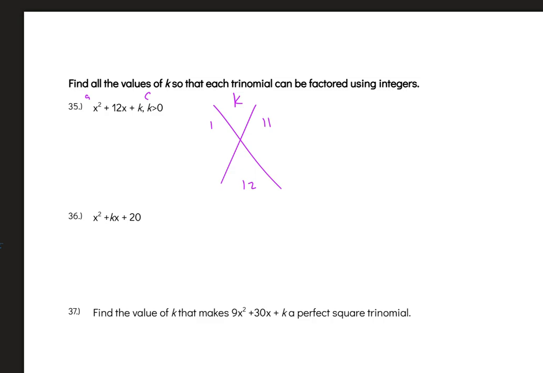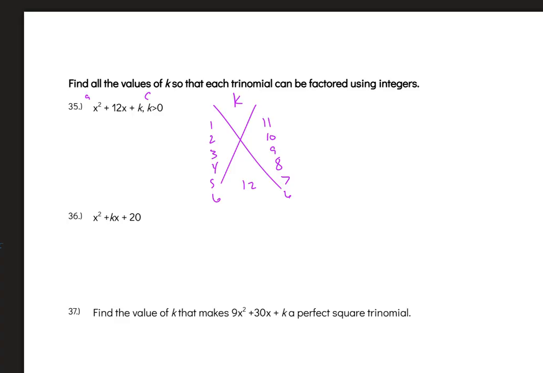Because if we add those two, that would be 12. 2 and 10, 3 and 9, 4 and 8, 5 and 7, and 6 and 6.